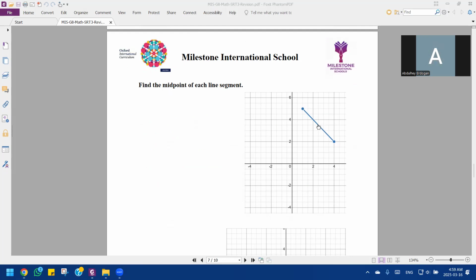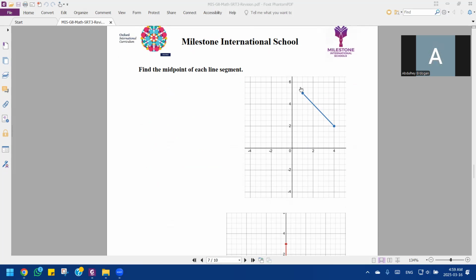Now for the midpoint. Midpoint is the middle point, the mid value, okay? So we have here the graph, and there's a line segment. We have these 2 points. So normally in the midpoint, what's the formula? You should know the formula so you can answer it. Since I'm saying point, it has coordinates. It has an x value and a y value. So how to get the x value of the midpoint?